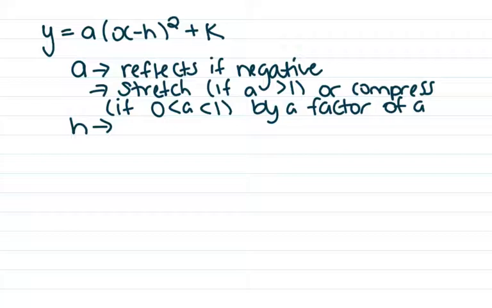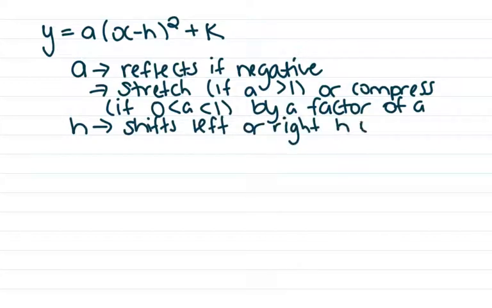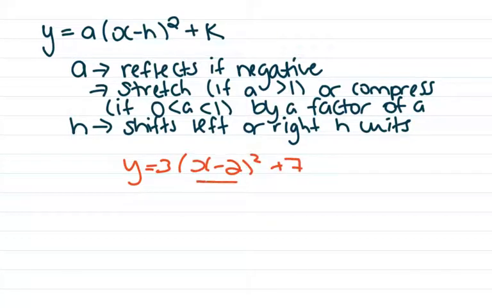h shifts the graph left or right h units. Shifts left or right h units. And you need to remember that it's the opposite sign of the equation. So if the equation is y equals 3 bracket x minus 2 squared plus 7, this looks like a negative 2 for h, but because the original equation is x minus h, the value of h here is 2.